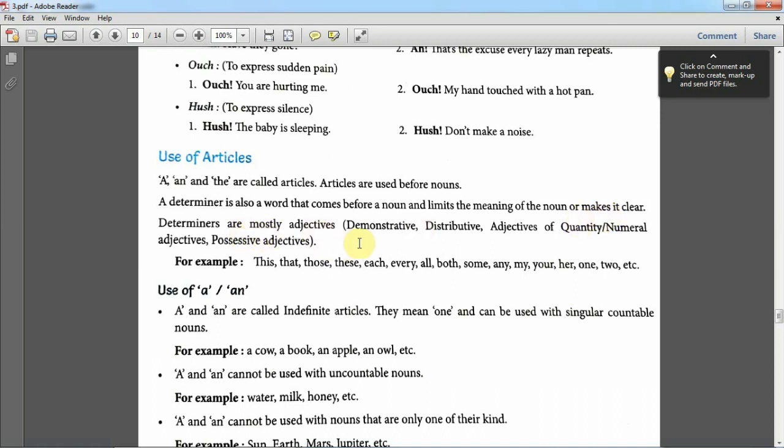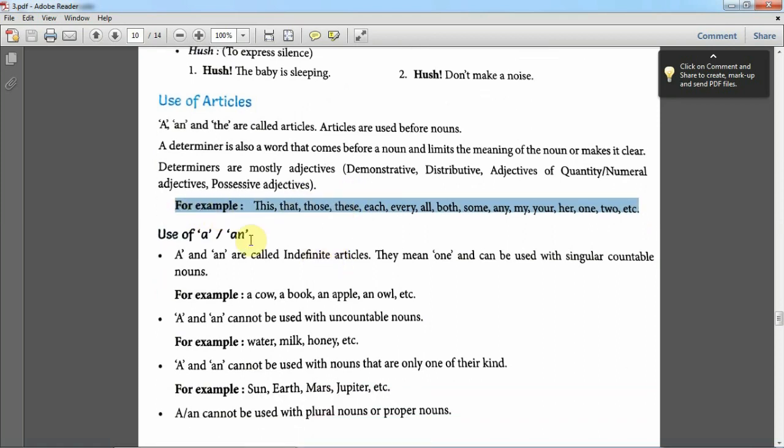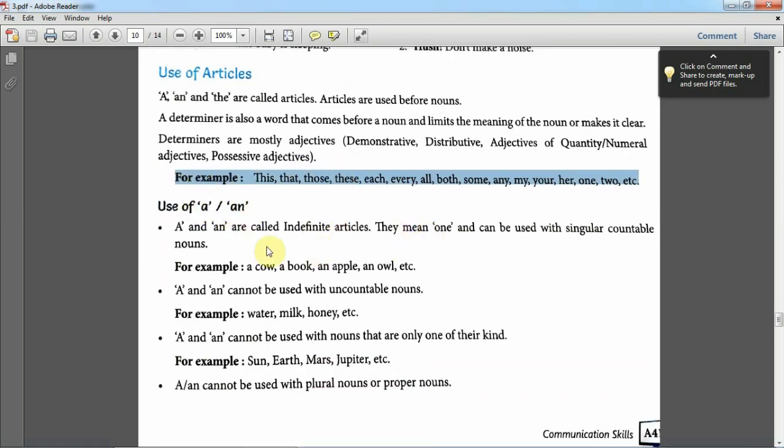Determiners are mostly adjectives: demonstrative, distributive, adjective of quantity, numeral adjective, possessive adjective. These are the types of adjectives which we have already covered. Then for example, this, that, these, those, each, every, all, both, some, any, my, your, her, one, two, etc. These are all determiners. So where we can use a and an, I think you already know.